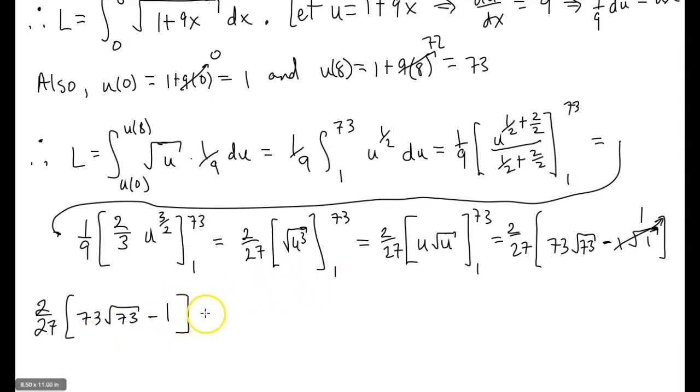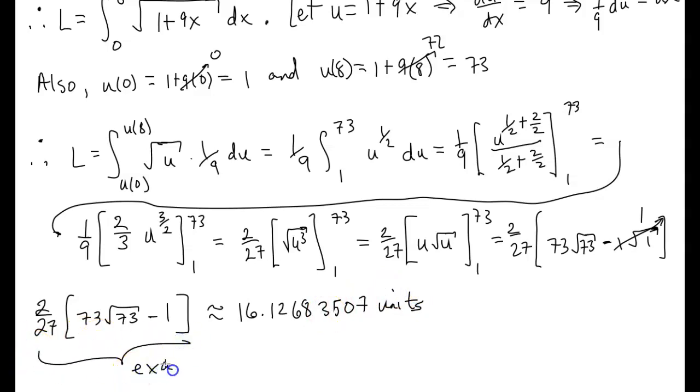And if we round that, that's going to be roughly, and this is what I get from my calculator here, 16.12683507 units. Okay. And so this is your exact answer.